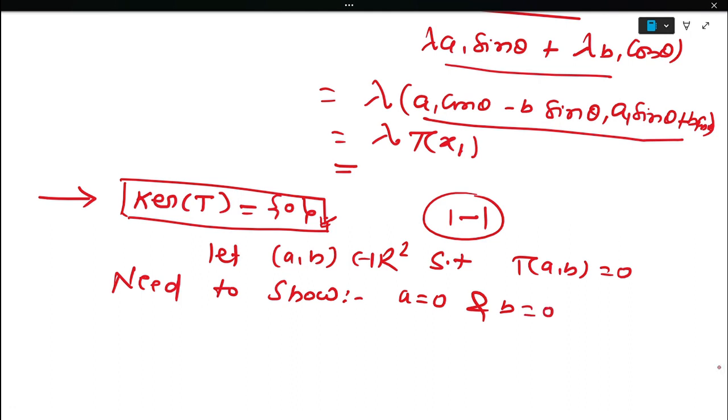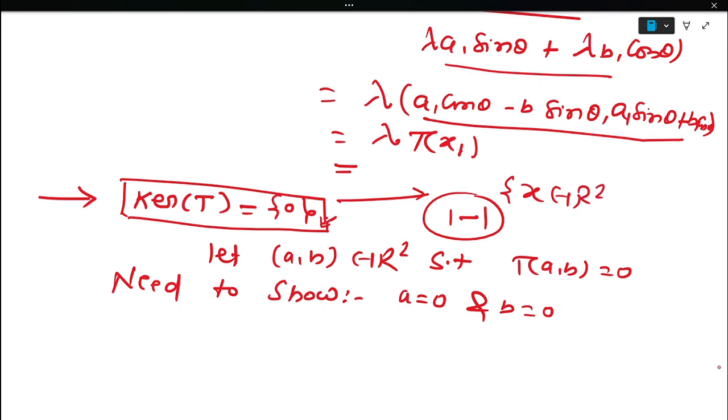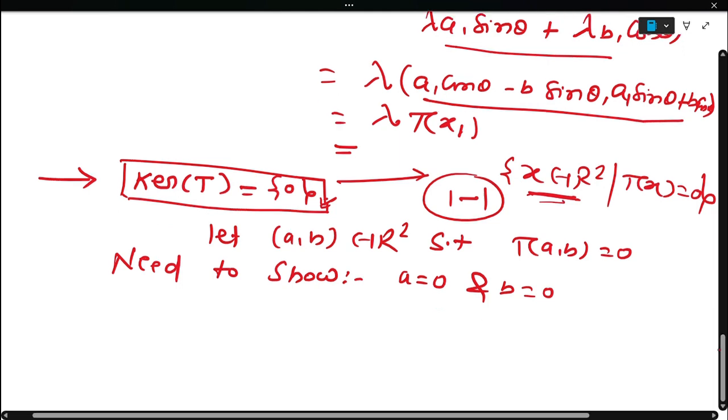What is the kernel? Kernel is all the x in the domain such that T of x is 0. Okay, so we will solve for any x and show that it will be the zero vector only. So we will show a equals 0 and b equals 0.